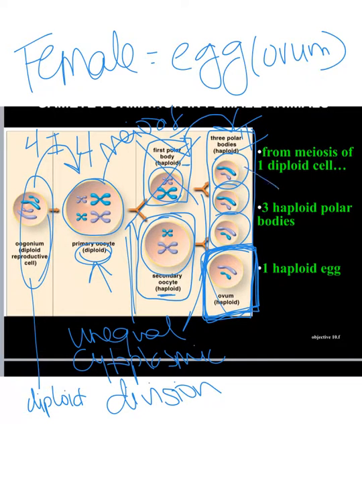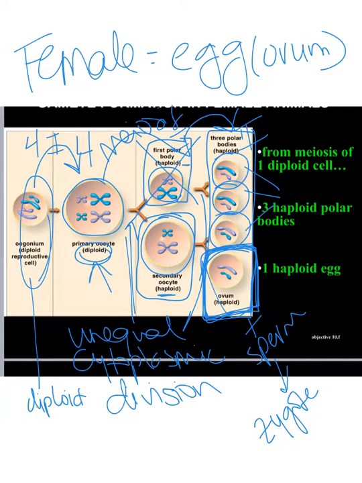But 3 of them are these polar bodies, which again serve no function whatsoever inside the organism, and they would eventually dissolve or just go away on their own. The ovum, this is what we talked about on the previous slide, would join with the sperm during fertilization to form the zygote.